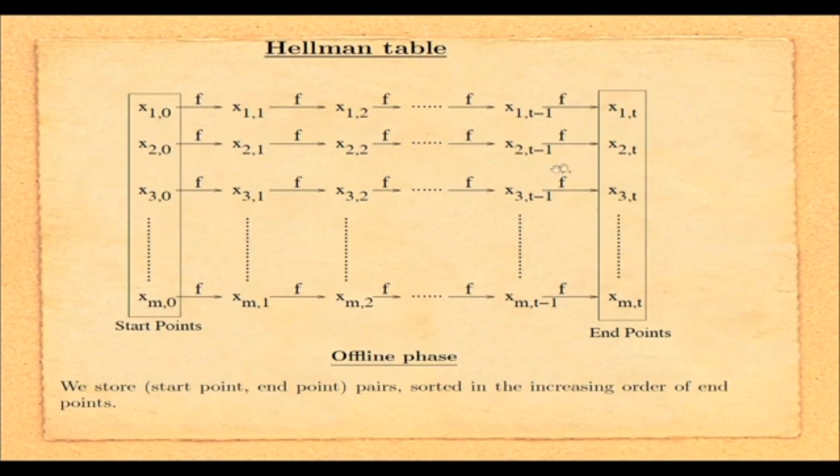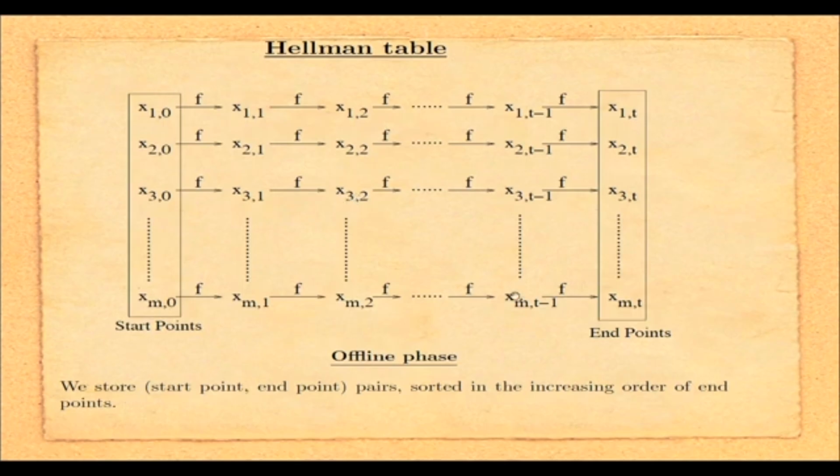Like this we are doing, and then x30, x31, like this we continue. This is what we are doing in the offline phase, and we store the table we are computing.